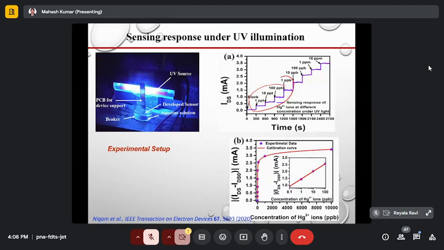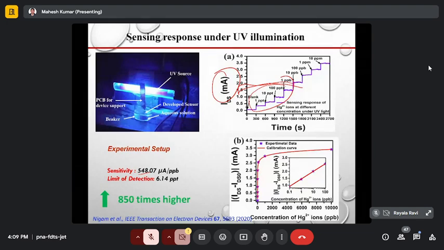Here, even at 5 ppb there is a large change, with current in the milliampere range. So compared to our previous case where we had not used the UV source, by using the UV source we can improve the sensor sensitivity. And the sensitivity we got is around 548 microampere per ppb.